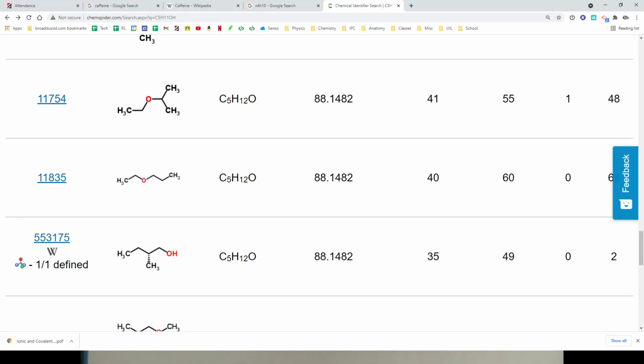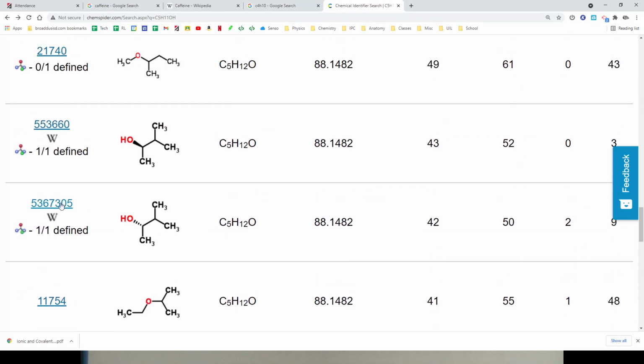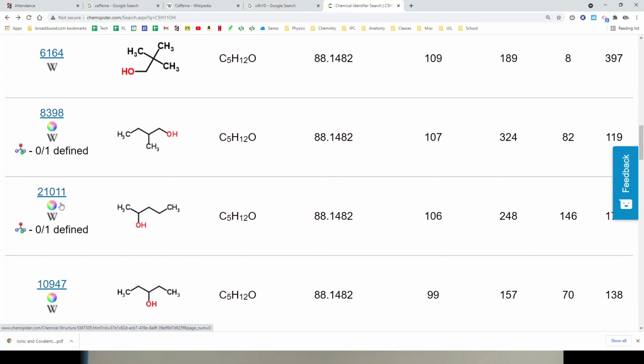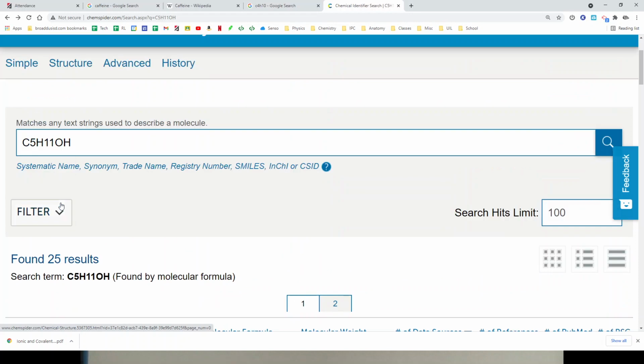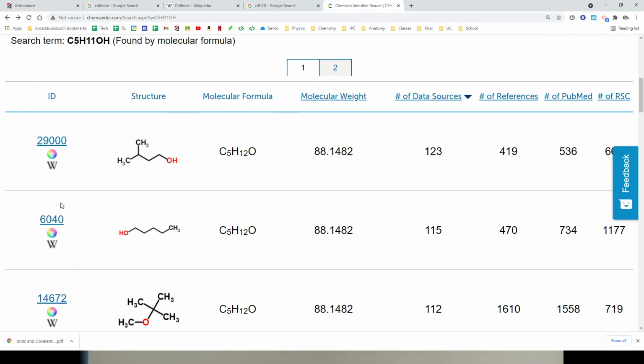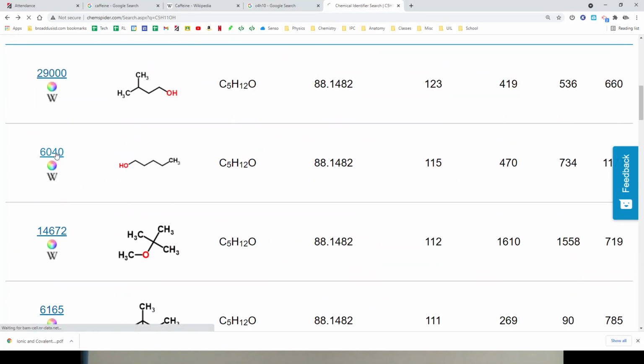I'm going to see if this has a name. Its name are these numbers. I mean, there is a proper way of naming them, but they're complicated. Like the nomenclature for these chemicals are extremely complicated. Let me click on one.